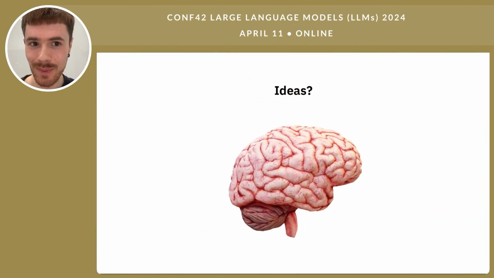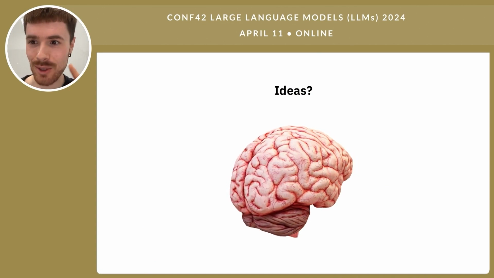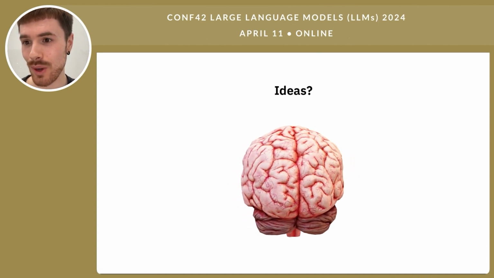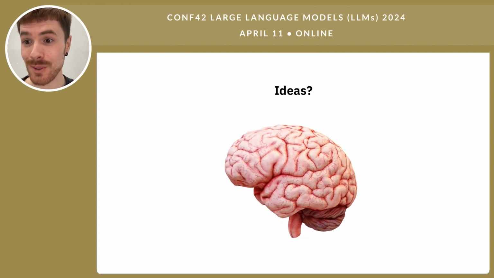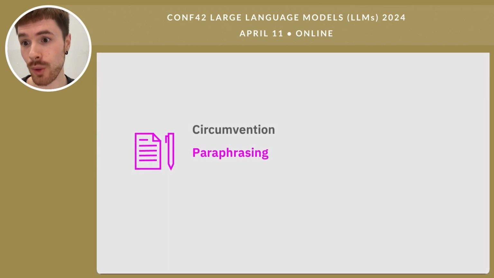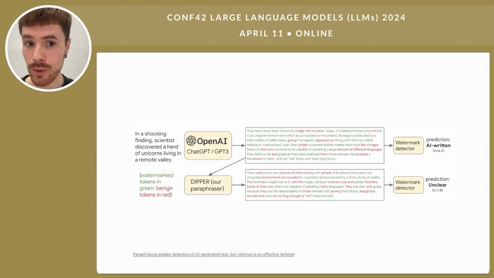If I ask you what the main idea is that comes to your head, probably you'll tell me that what you have to do is paraphrasing or rewriting text or changing the words. If you take a text and change the words, and you paraphrase well, you will arrive at a text where it can't be spotted anymore.